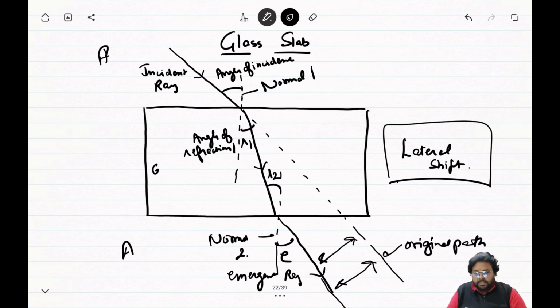So this is basically the shift between the original path and the emergent ray. The glass slab, you can see, this is a glass slab. I'll drop a video after this lecture, I will record a video and upload it. The light ray will bend towards the normal and away from the normal in this. Okay, I will drop a video.